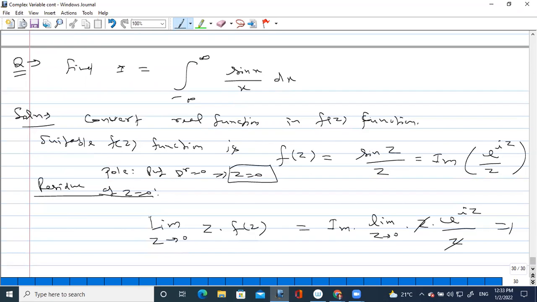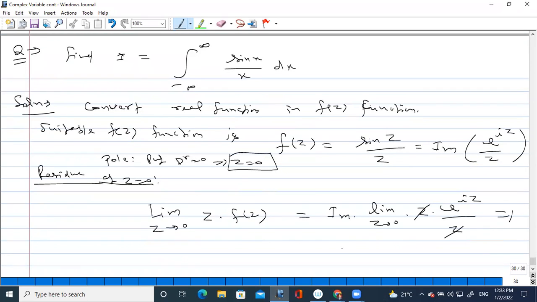Understood? Or you can say your f(z) is this much, the imaginary part of this.